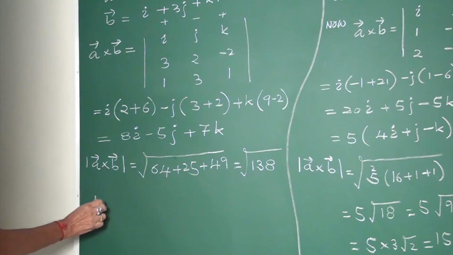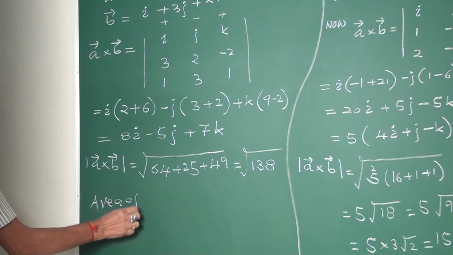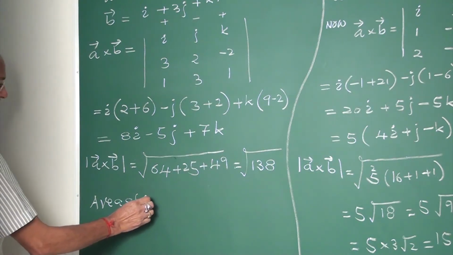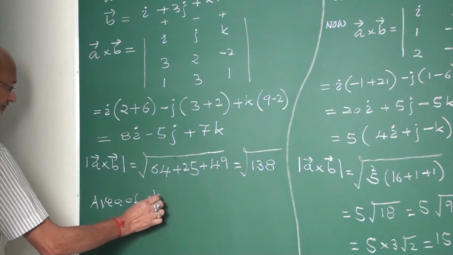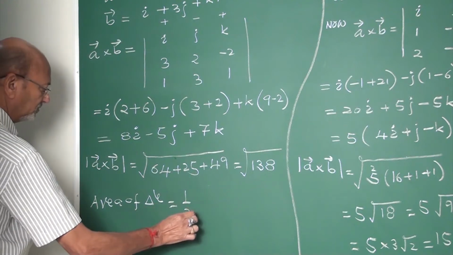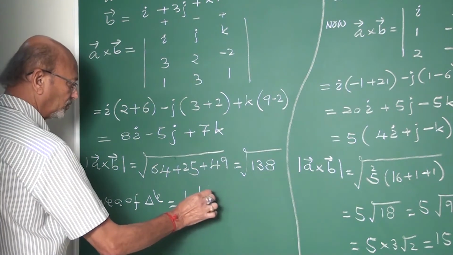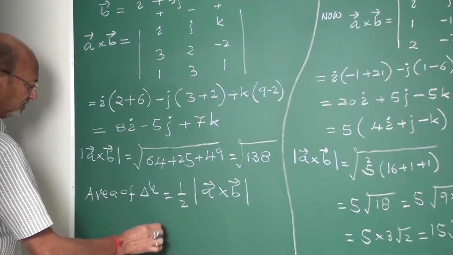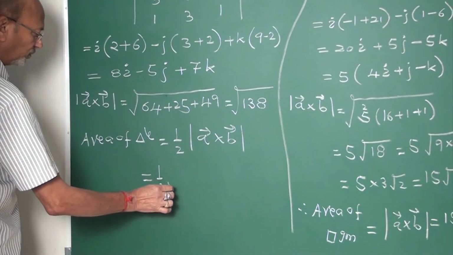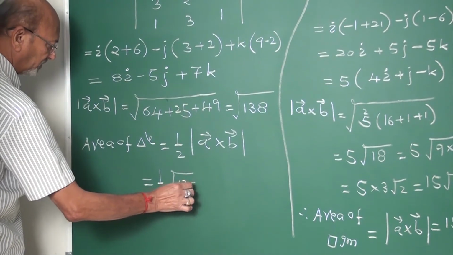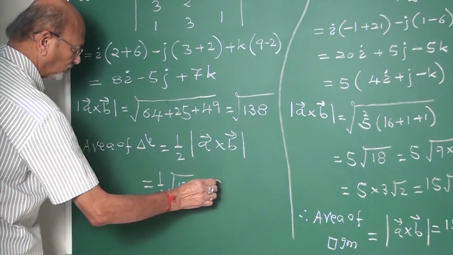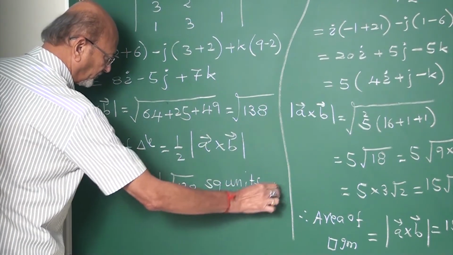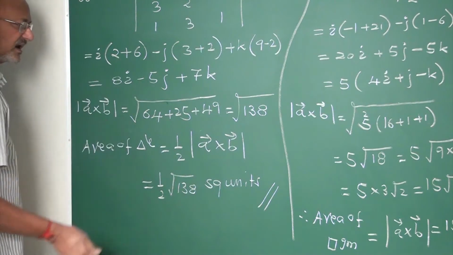Therefore, the area of the triangle is half the magnitude of A cross B, which is 1 by 2 times the square root of 138 square units. This is the area of the triangle, my friends.